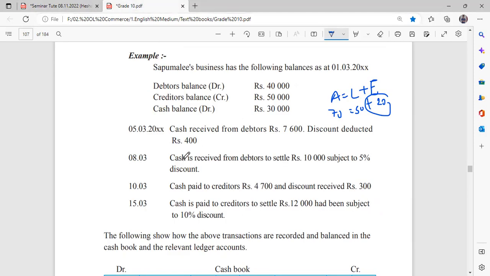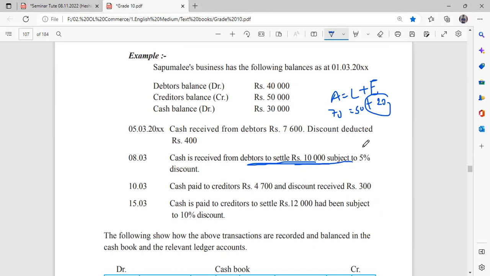Now this is the second one. Cash is received from debtors to settle 10,000 subject to 5% discount. Here you need to do a calculation, because they haven't paid 10,000; they paid the amount after deducting 5%.